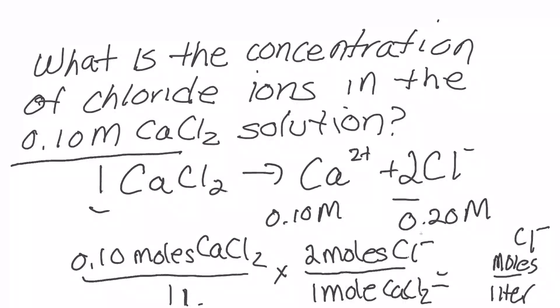And notice I get the answer, which we already knew, 0.20 moles per liter of chloride ions. So anytime you have an ionic solution dissolved in water, technically you only have the ions in solution. So we have calcium ions and chloride ions in solution, and you can calculate the molarity of the cation, which is the calcium, or the anion, which is the chloride.